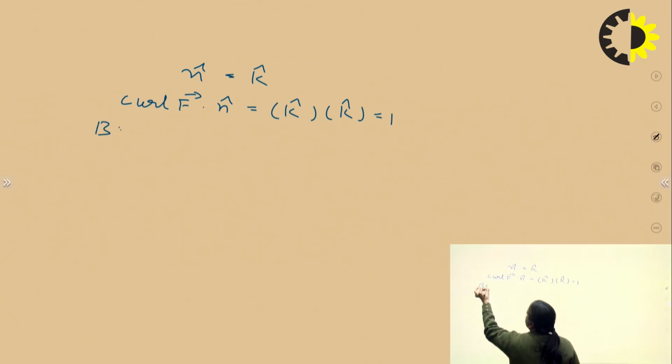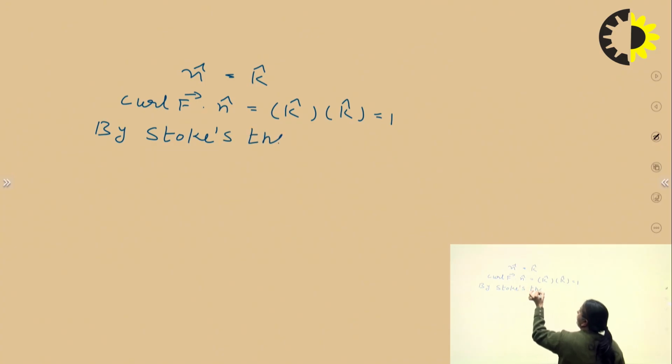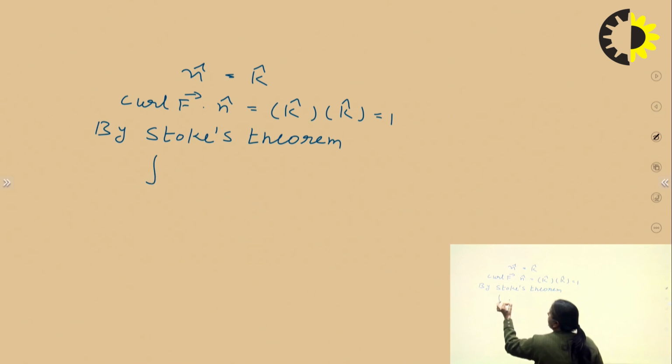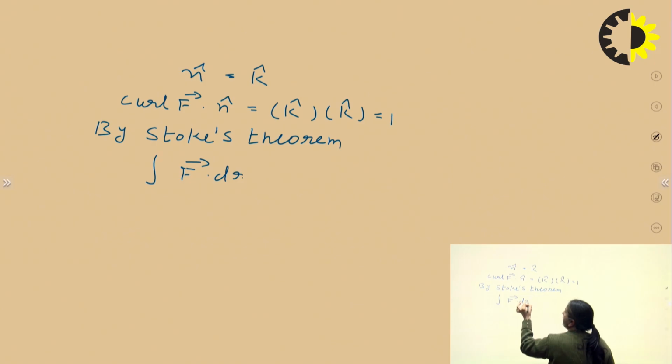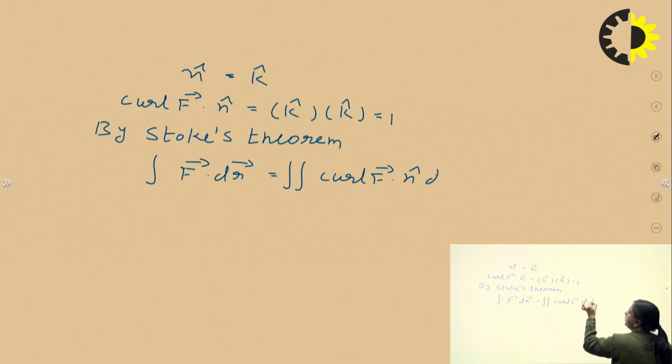So by Stokes theorem, as we know, the line integral of f vector dot dr vector will equal the surface integral of curl of f vector dot n cap ds.